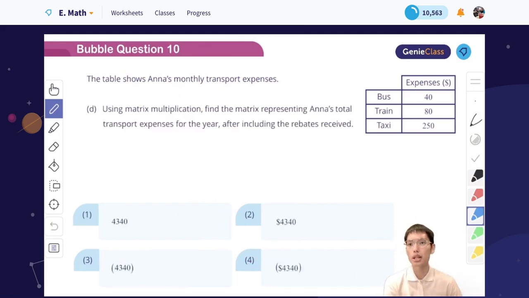Okay, now, last part. Using matrix multiplication, find the matrix representing. So you realize all the answers are the same. In fact, this should only take 30 seconds because all the answers are the same. But which one is the correct one? Launching the bubble launcher in 3, 2, 1, and let's go. I'll show you the actual working, but this shouldn't take too long.